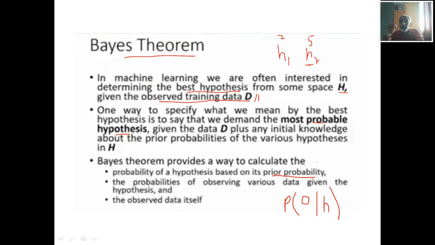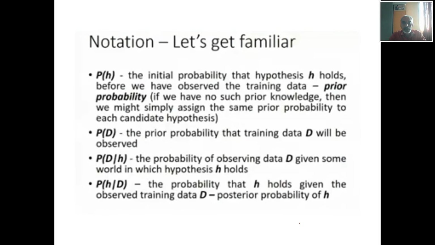The hypothesis you have already stated. For this hypothesis, you look at the observed data and calculate the probability of this data with respect to the given hypothesis. This is another thing. Then the next one is the observed data itself. You are going to calculate the probability of the given data. So these are the three important components of our Bayesian theorem.